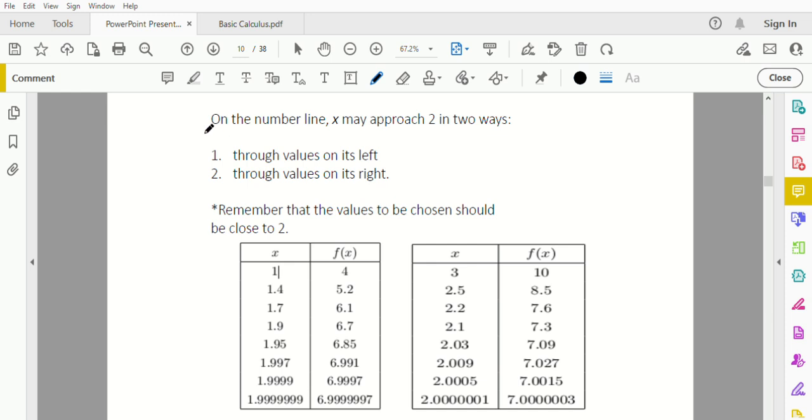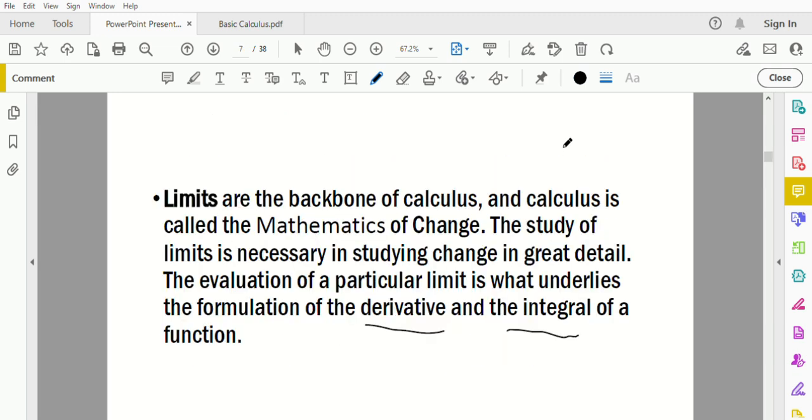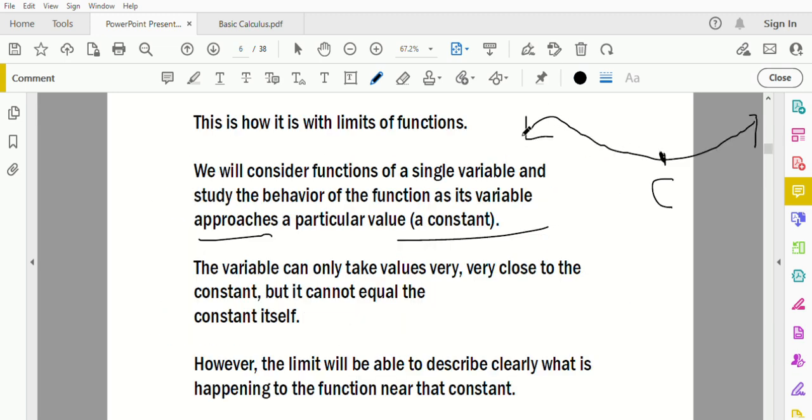Take note how the number line, if we look at the x-axis, has values on its left and values on its right. Say for example, with this illustration, if this is our c, or our 2, we have two possibilities.